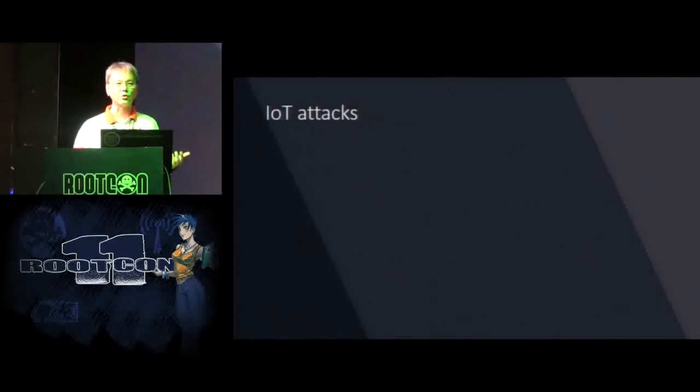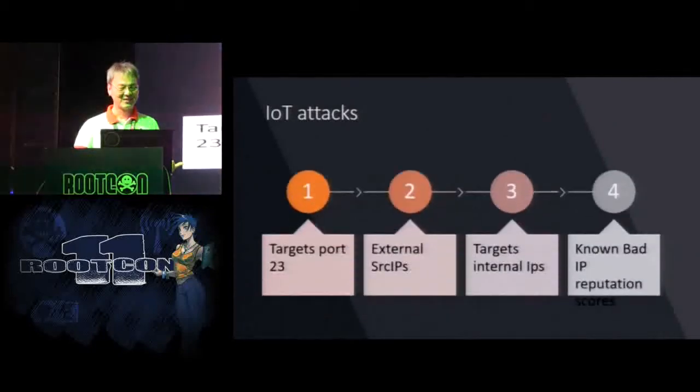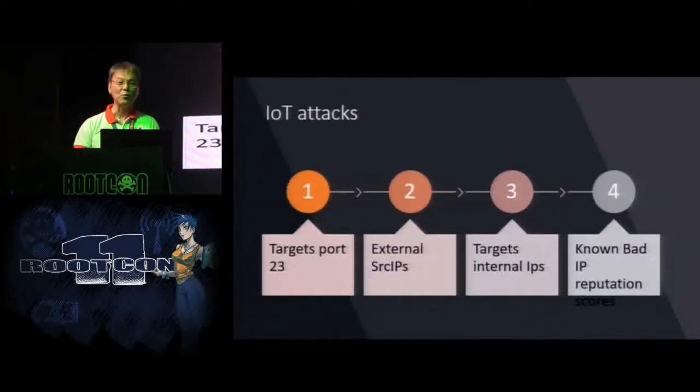Yesterday, Christian Ellison also talked about IoT and the attacks. Using R, you can program it to filter out, summarize, aggregate, and display all the attacks that are targeting port 23 whose source is external, targeting internal IPs.